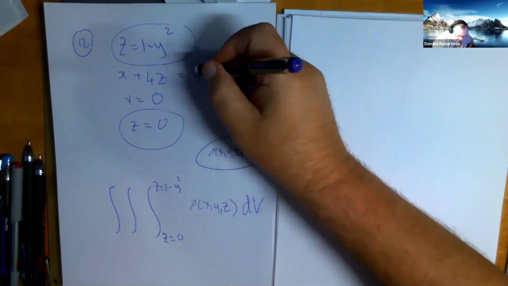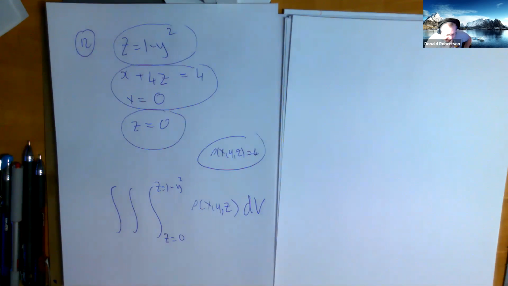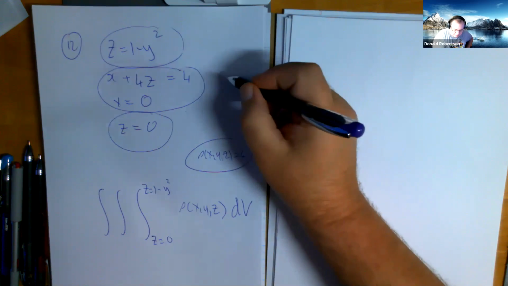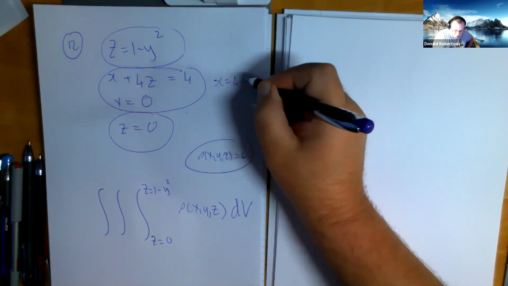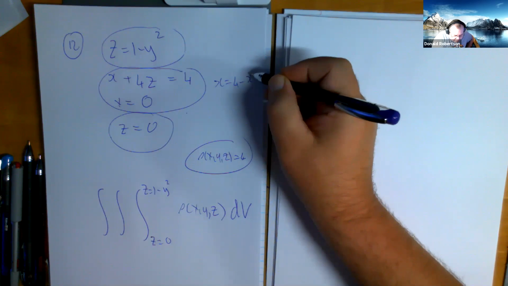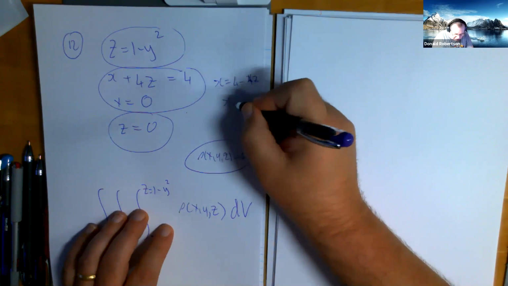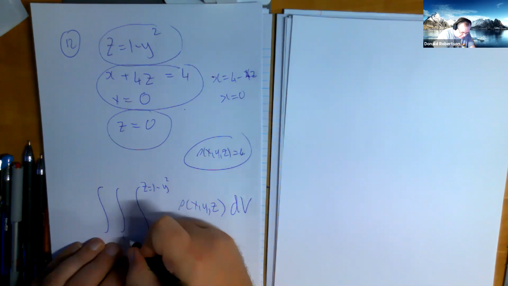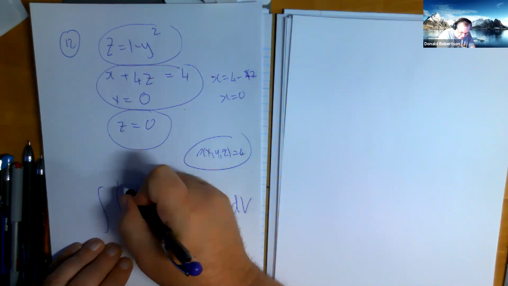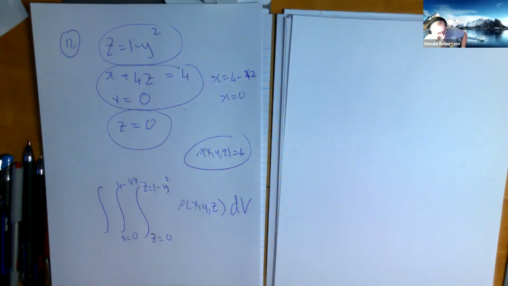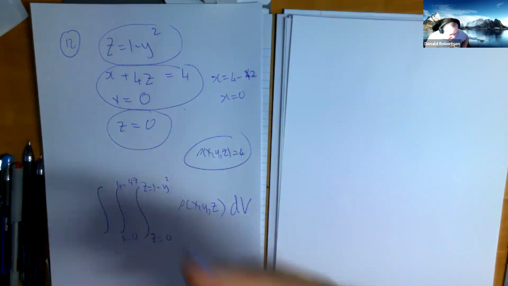Okay. What about that one? If I put these together, couldn't I rearrange this as x equals take away 4z and x equals 0. So I could put x equals 0 and x equals 4 take away 4z. So who am I left with?